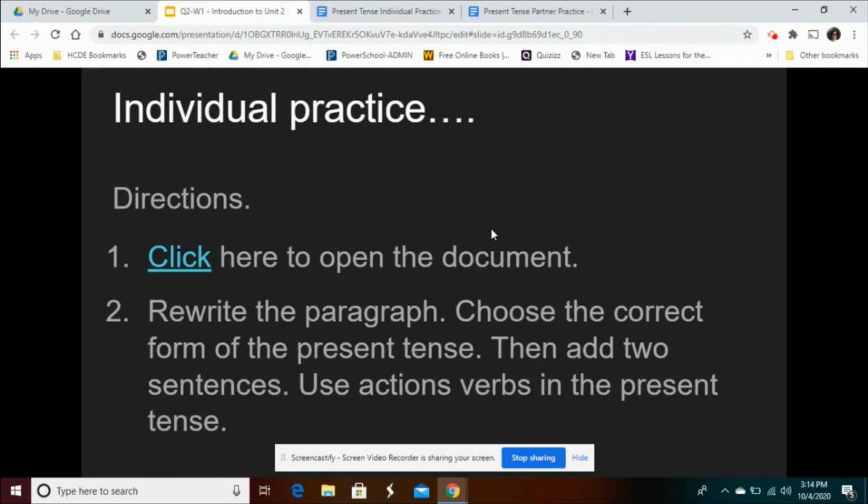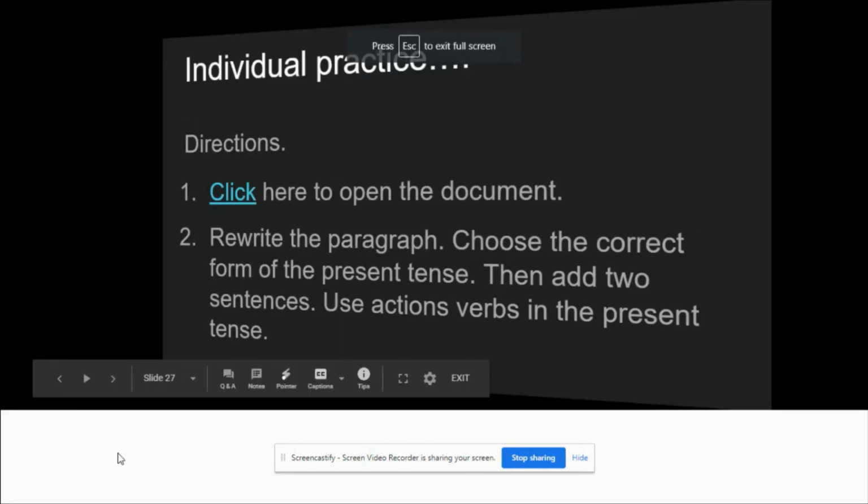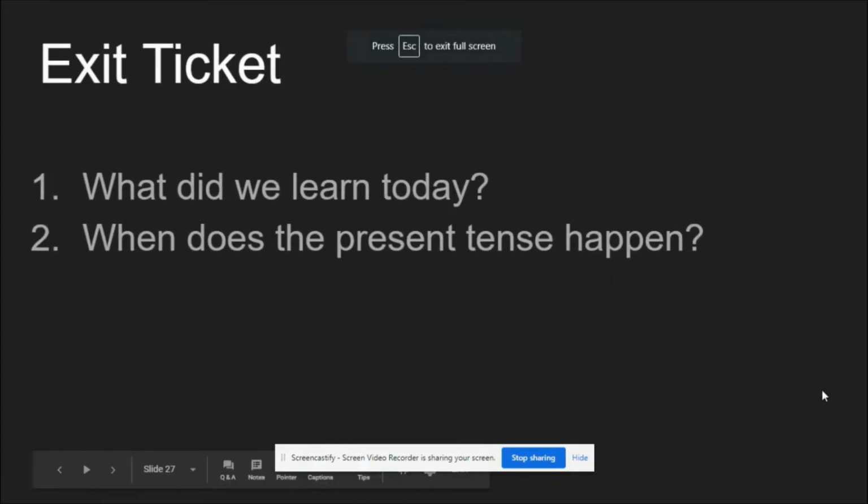Okay, friends, if you're back on this page, it's because you finished your activity. So now we have arrived at the end of our lesson. And our exit ticket is just one or two. You're going to choose one of them, okay? You can either answer number one or answer number two, whichever you like. Okay, so number one is, what did we learn today?